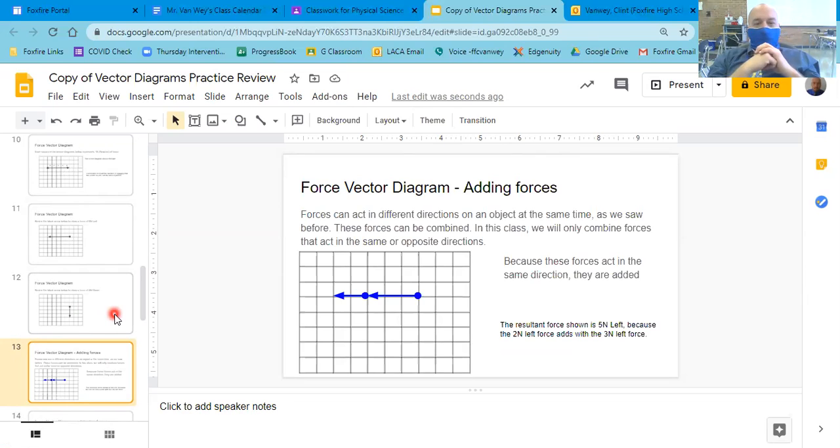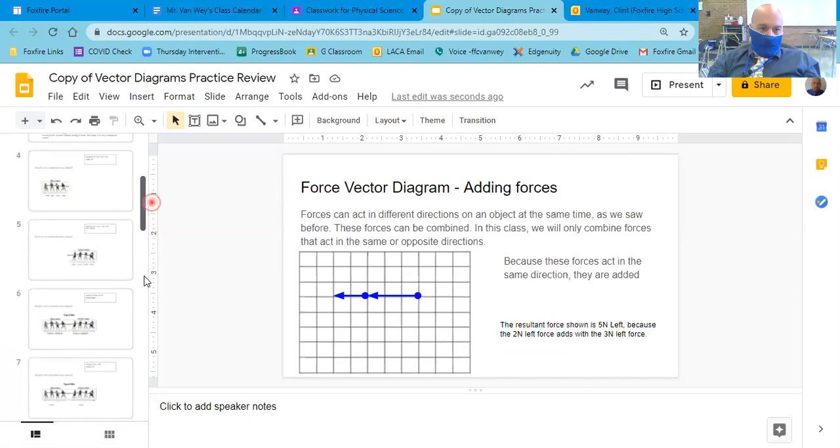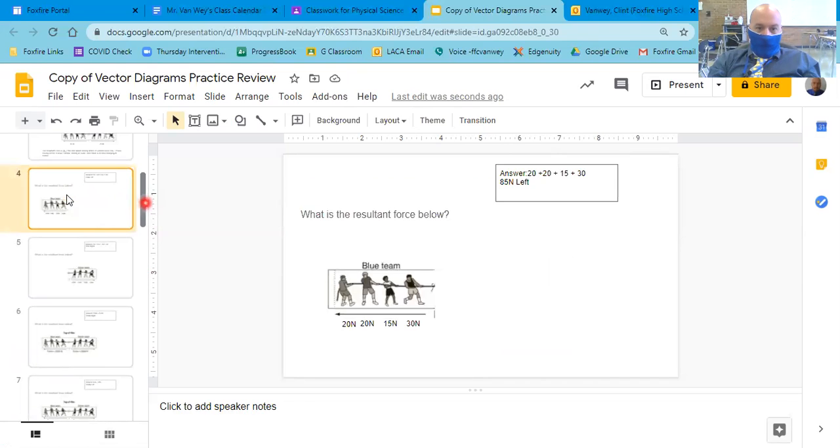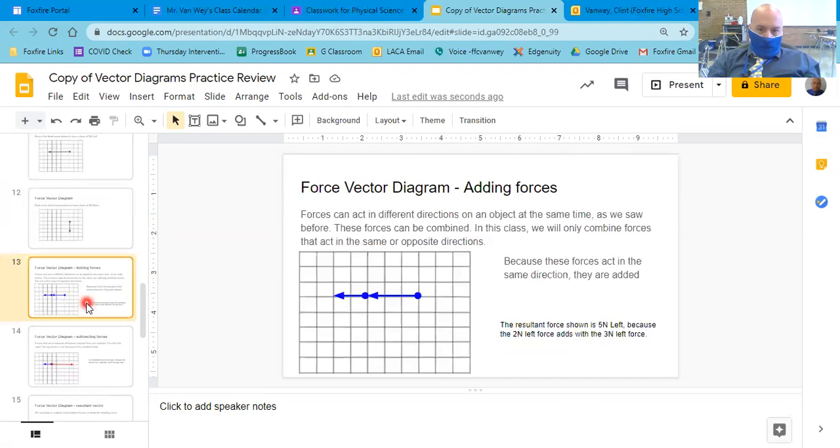Okay. So remember back before, like 5 or 8 slides ago, way up here on slide 4, when forces act in the same direction, they add together. Well, that's true down here with vector diagrams as well. Forces can act on different objects at the same time. When they do, the forces can be combined.